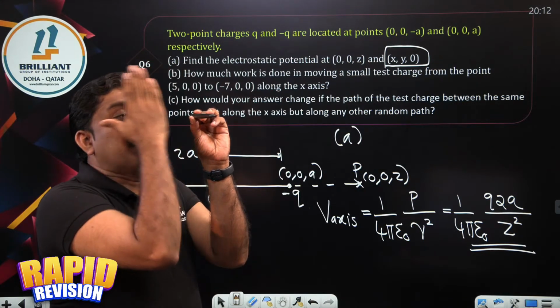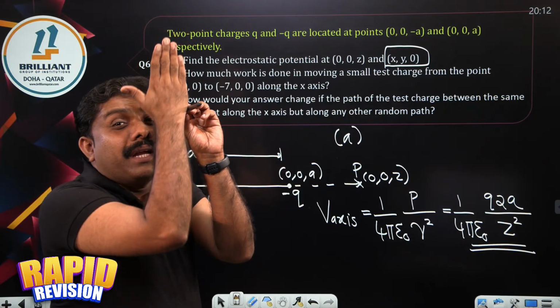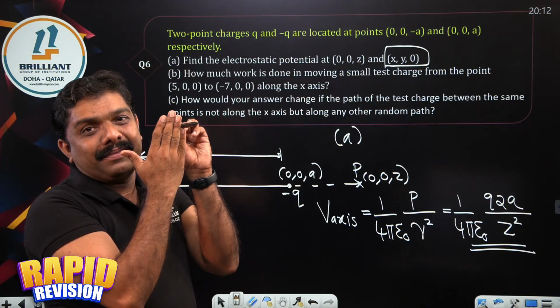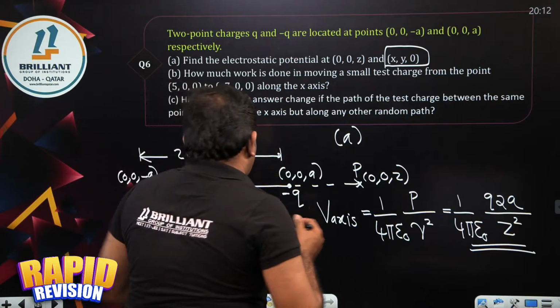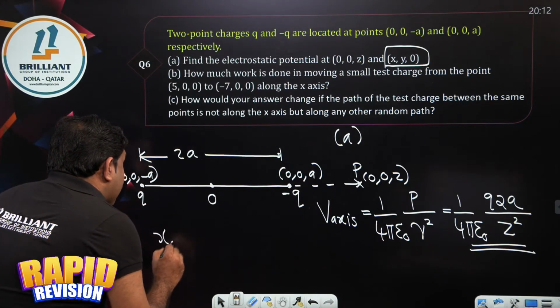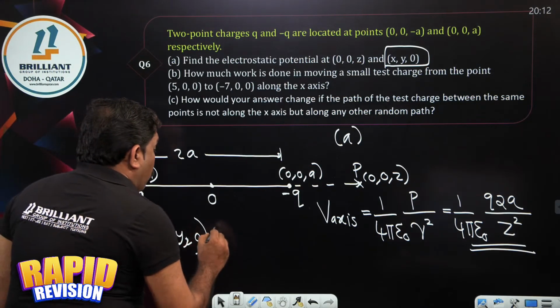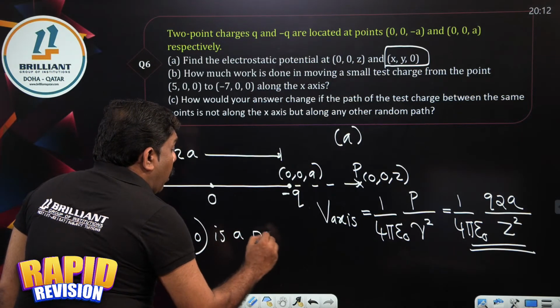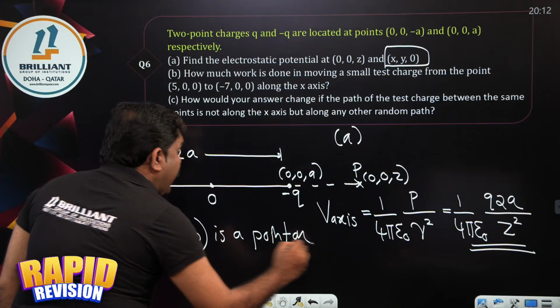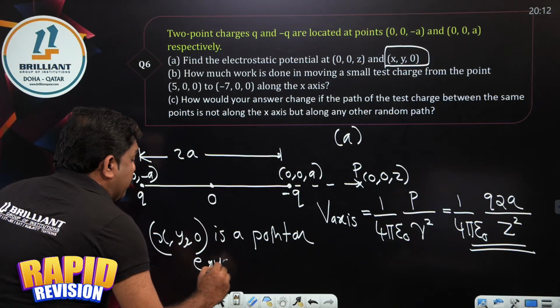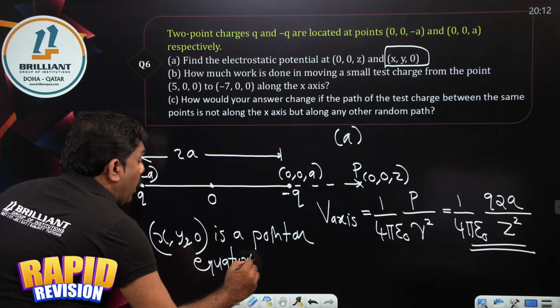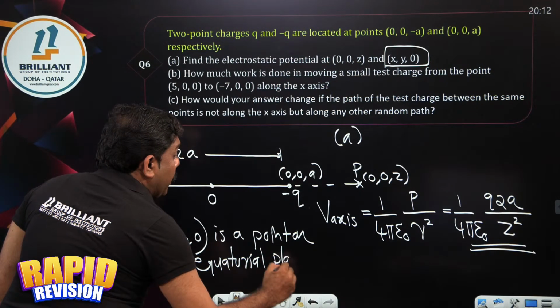XY plane means it is very clear: it is the equatorial plane of the dipole. So (X, Y, 0) is a point on the equatorial plane.